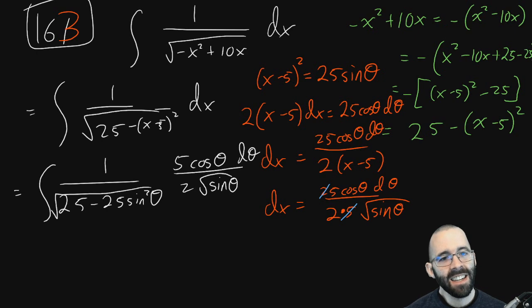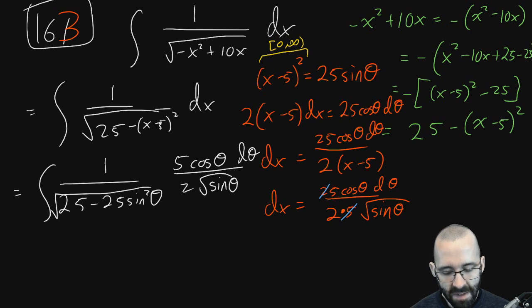The x can be anything, but x minus 5 squared is always positive. All right, the smallest this can be is 0, and the biggest this can be is infinity. Maybe that's maybe a problem.